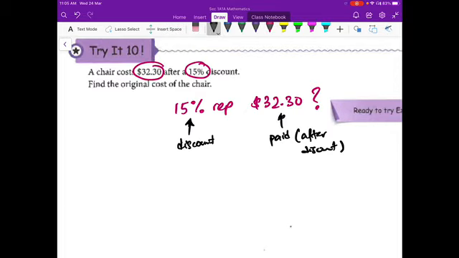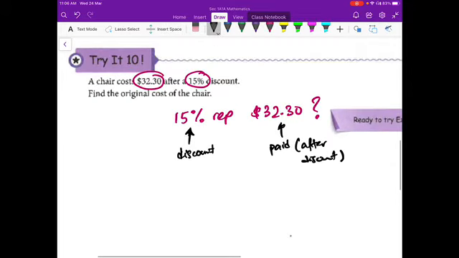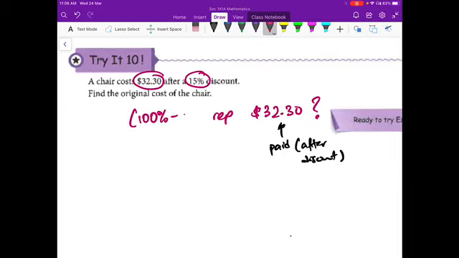Then what must I change? 100 minus 15? 85. So 100 minus 15 is 85. But 85 what? Percent. Okay? So our $32.30 is actually represented by 100% minus 15%.